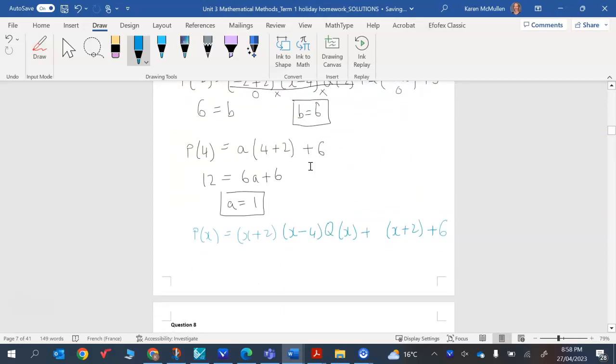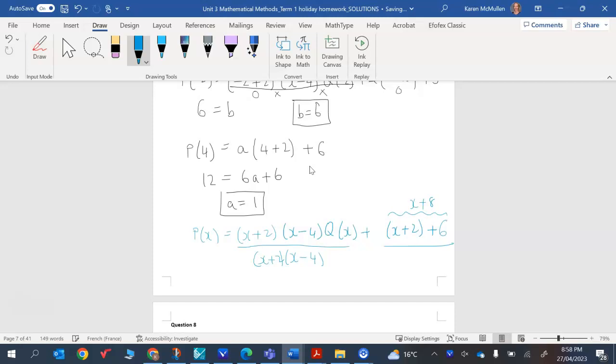All right, so what we can do is say, let's divide it by X plus 2, X minus 4. So that means that everything is divided by X plus 2 times X minus 4. And what we've got here is effectively X plus 8.